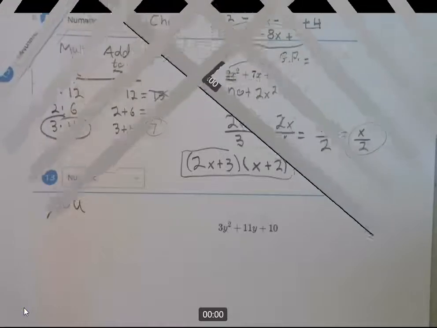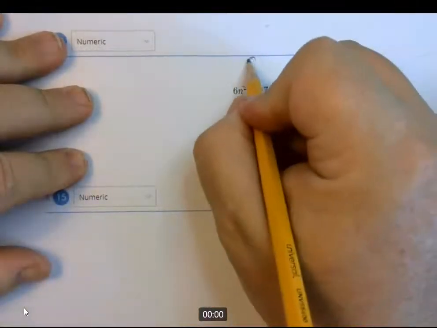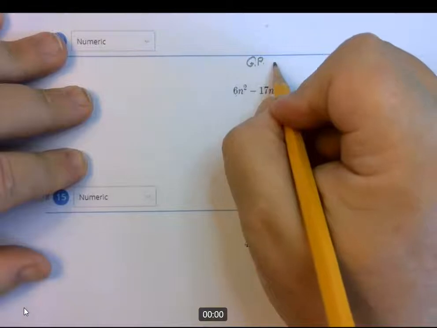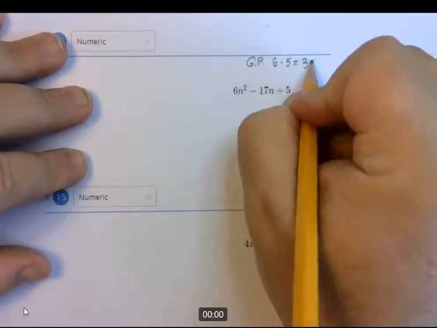Okay, since I left you to do the last one on your own, this is the same type of problem. I'll go ahead and do this one with you. So, the grand product is 6 times 5, which is 30.